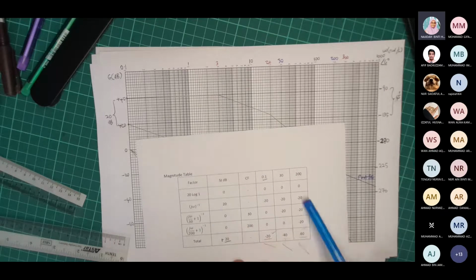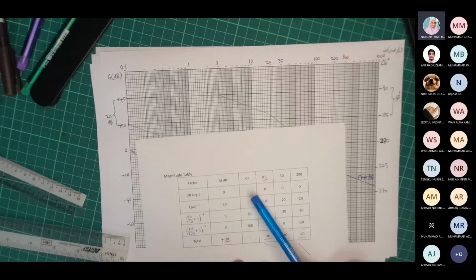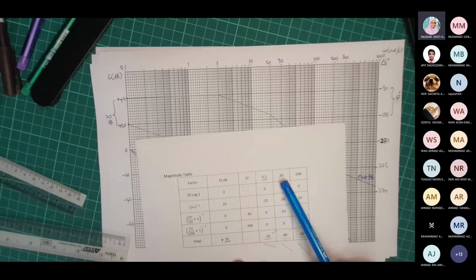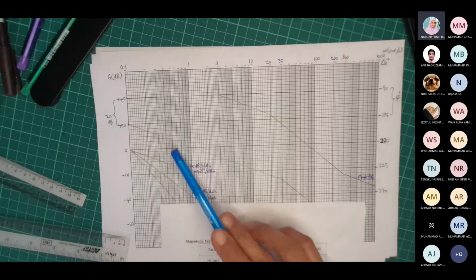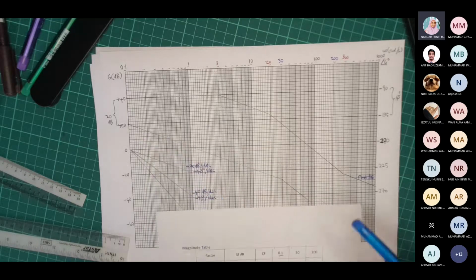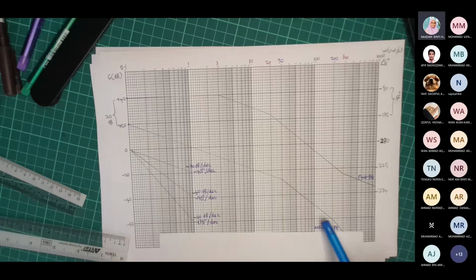This is for the uncompensated system. You only have open loop poles here. These are your poles 30 and 200. After you design your compensator, you have two additional routes, ZC and PC, and you need to analyze the performance. In order to analyze the performance, you need to plot the magnitude plot for the compensated system. This is the magnitude plot for the uncompensated system.